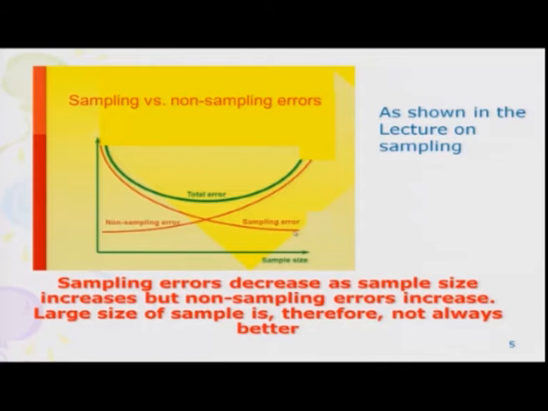After some time, it will become parallel to x axis, asymptotic, and there will not be much gain in terms of sampling error if you raise the sample size further.